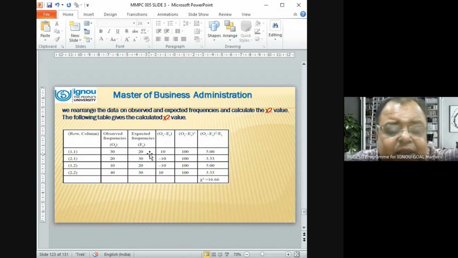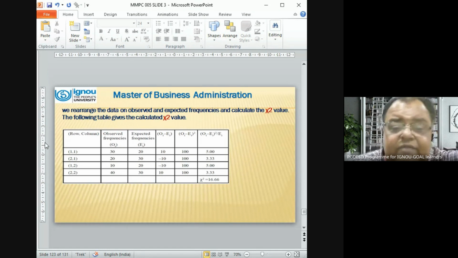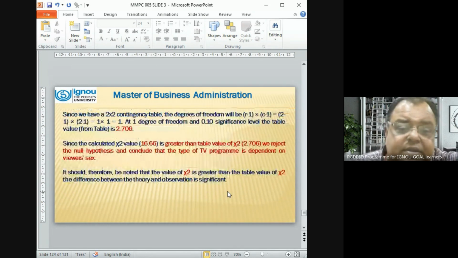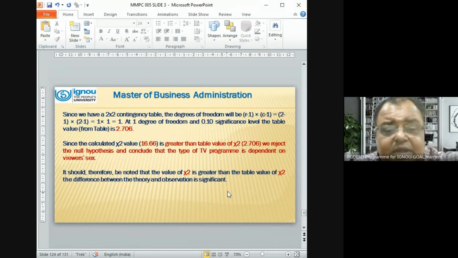Keep one thing in mind. In chi-square test, we have to use degree of freedom. And for calculating degree of freedom, that is row minus 1 into column minus 1. There are 2 rows, 2 columns. 2 minus 1 is 1, and 2 minus 1 is 1. 1 into 1 is 1.